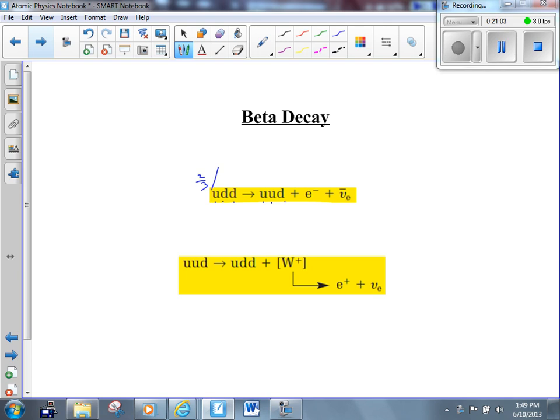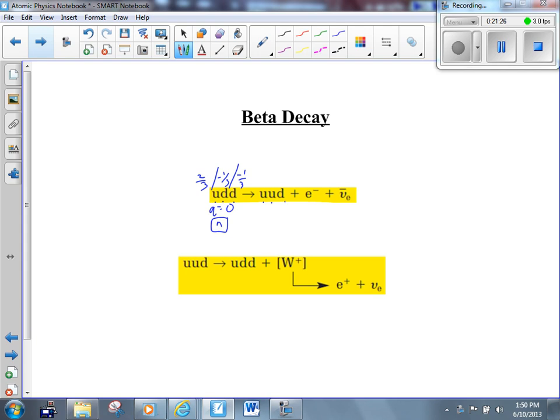A down quark is negative 1/3, and a down quark is negative 1/3. Those add up to give me a charge of what? 2/3, negative 1/3, negative 1/3. 0, right? The charge is 0. That means it's going to be a neutron. The only thing that has a charge of 0 is a neutron.